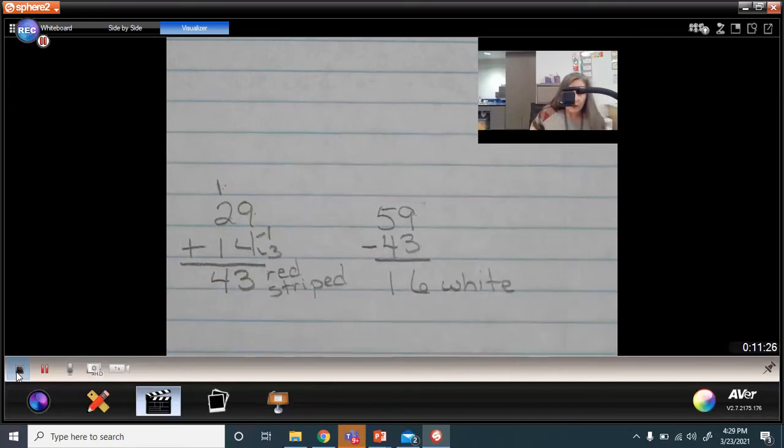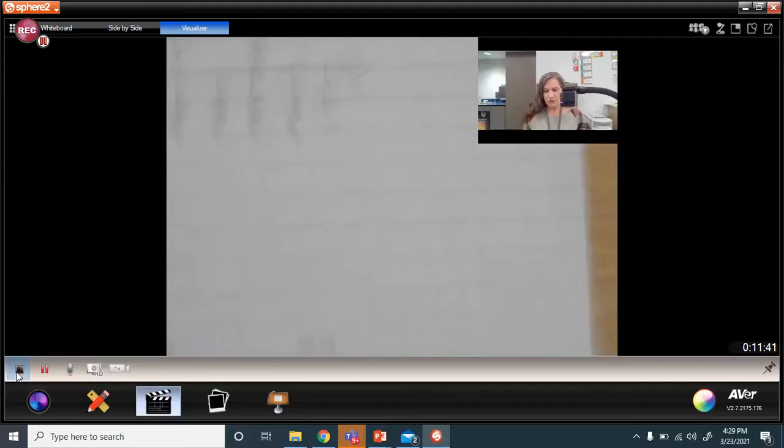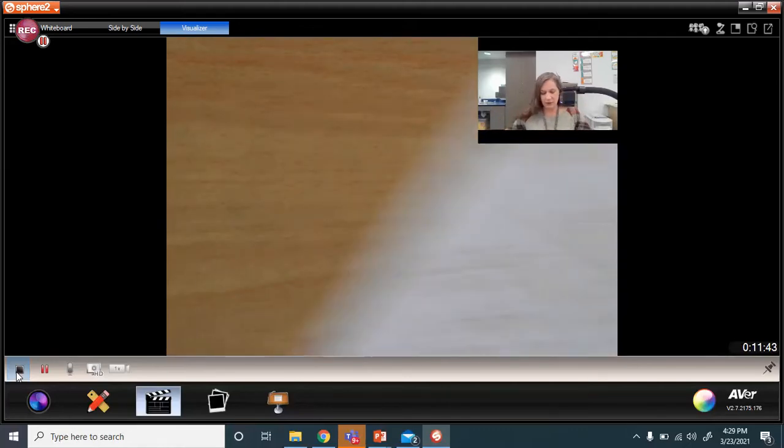So again, it doesn't matter if you add the two parts and then subtract from the total, as long as you are subtracting both of the parts from the total, which is 59. So just a couple of different ways that you can look at it.